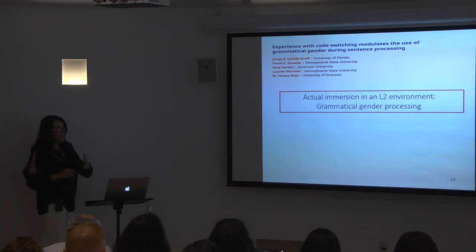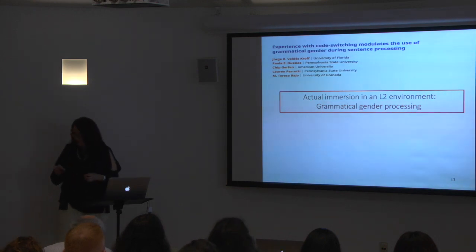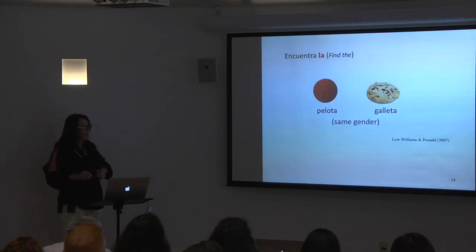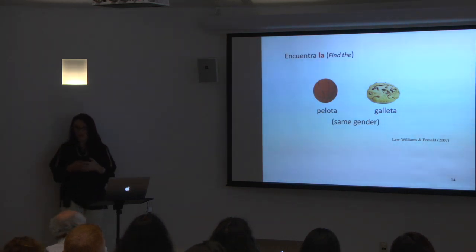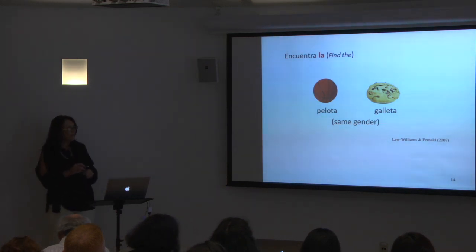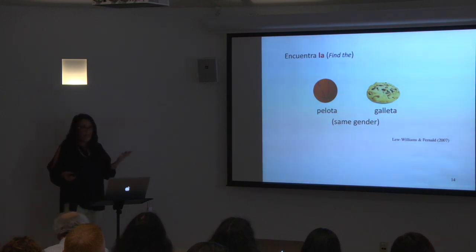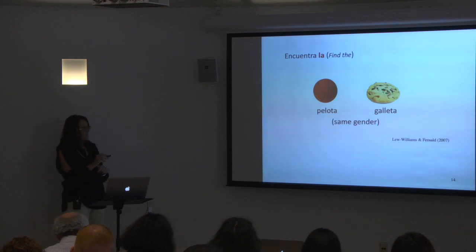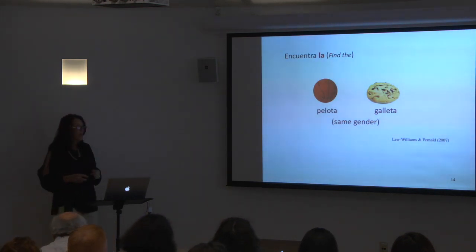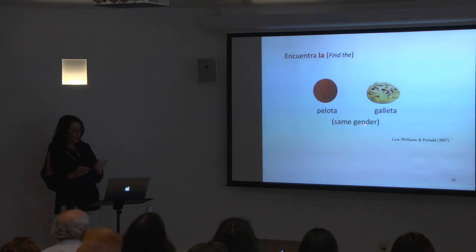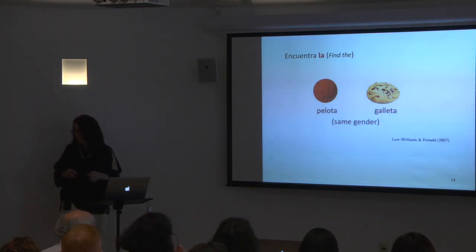And what we looked at is grammatical gender processing. So words in Spanish have gender, and it's called grammatical gender. And this grammatical gender is reflected in articles and in nouns and in adjectives. And so the word la here is feminine, pelota is also feminine, and galleta is also feminine.